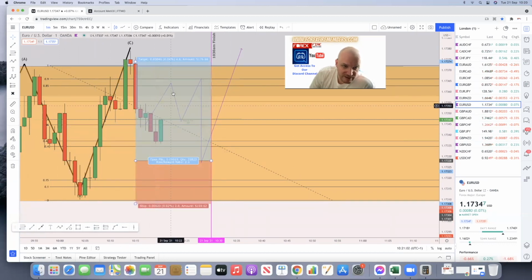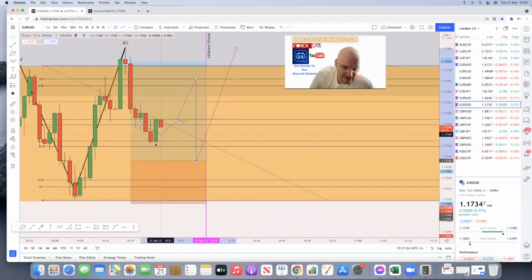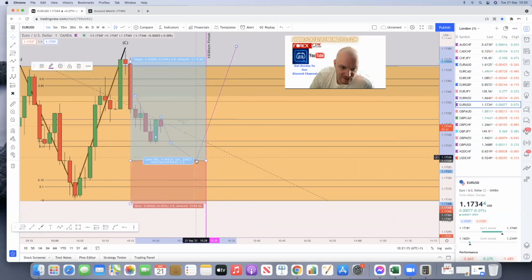Again, what's happened here is it has technically come down. Okay, it's then come back up. It looks like we might actually get this sort of motion.